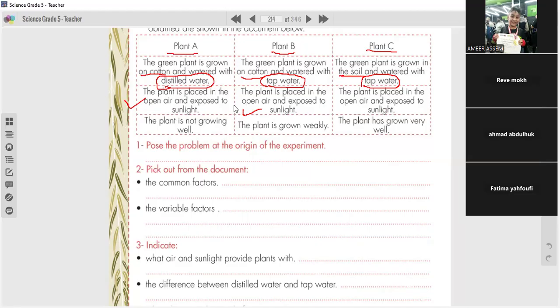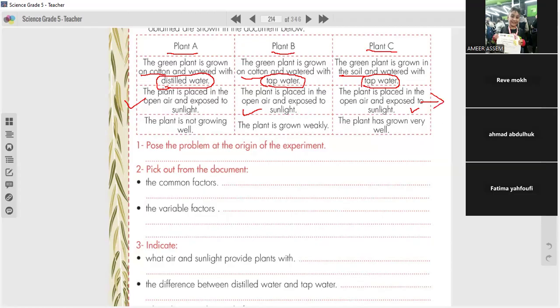These common factors or variable factors? Common factors, exactly. Let's go to plant C to see if it's the same or different. Yes, read it, please. The plant is placed in the open air and exposed to sunlight. So all of these, 1, 2, 3, what do we call these?